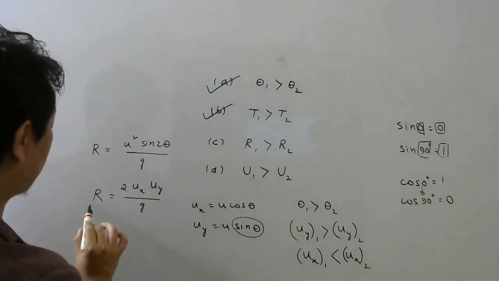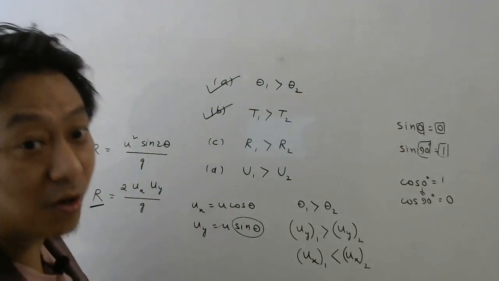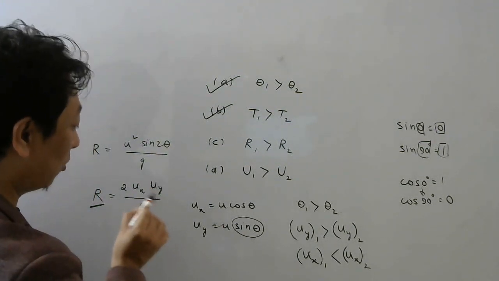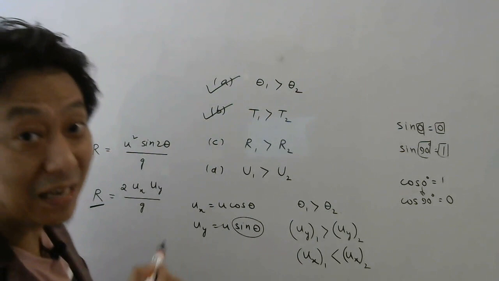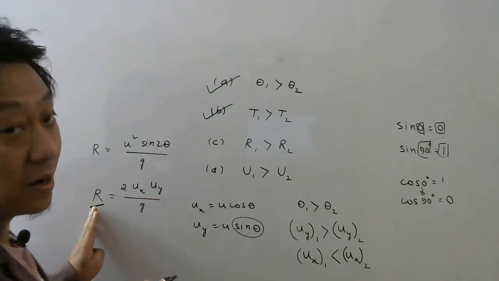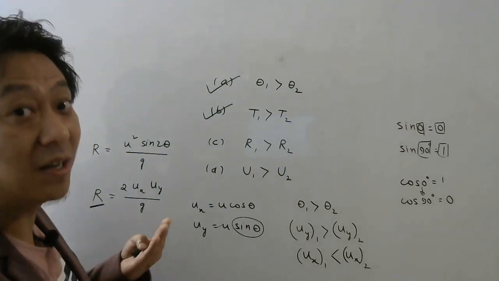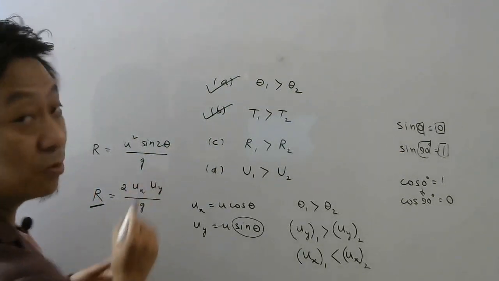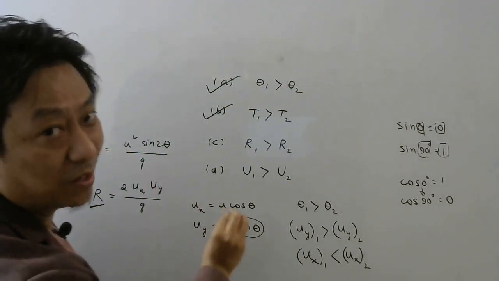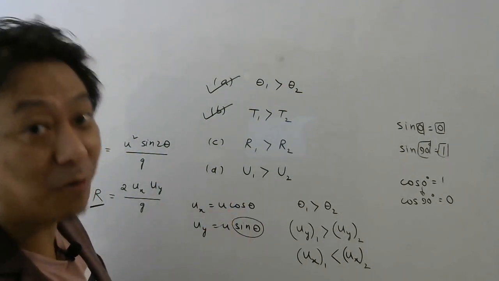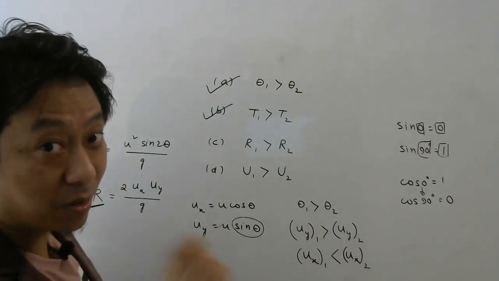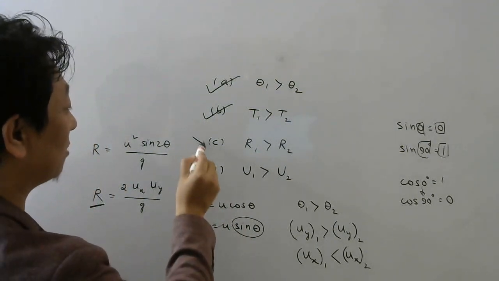So now we cannot decide whether the range will be more or less for the first particle, because even if one quantity is more, other quantity is less. So therefore it is not possible to decide that the first particle will have more range or less range unless they give you the specific angle. If they give you the specific angle, we can substitute and calculate and then decide which one will have more range. But without the angle, this is not possible to decide.